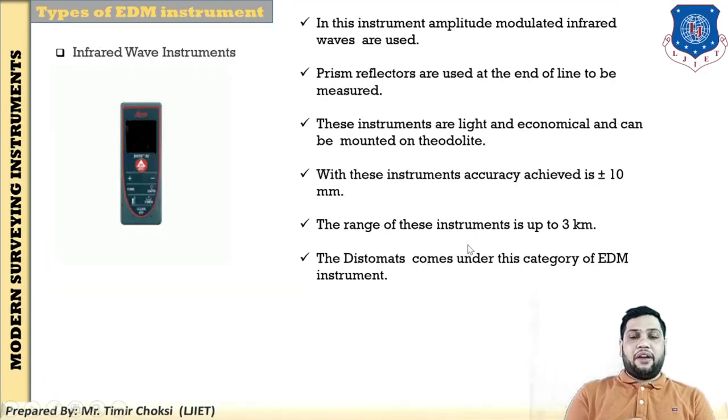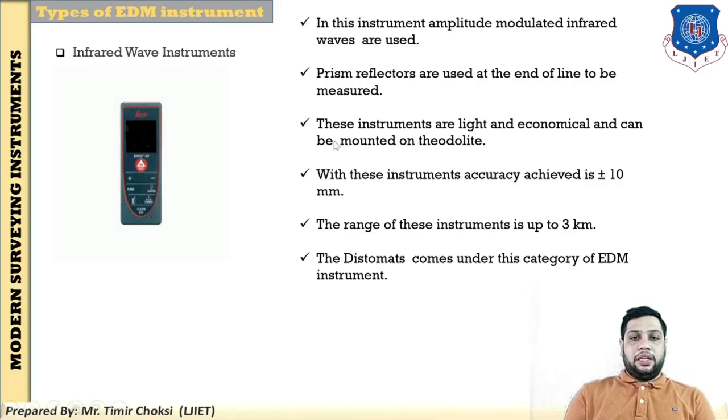And last, the infrared wave instrument. In this instrument, amplitude modulated infrared waves are used. A prism reflector is used at the end of the line to be measured. These instruments are light and economical, and can be mounted on the theodolite, as a combination of EDM and digital electronics.